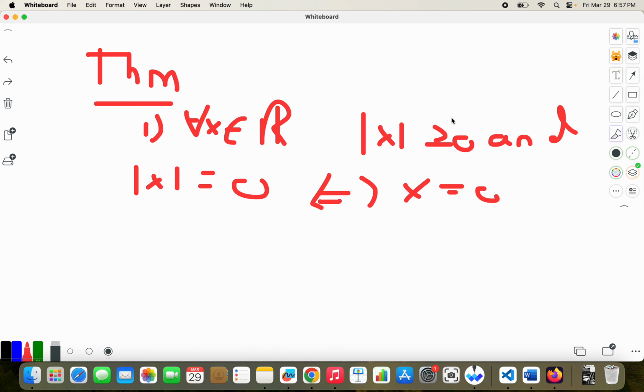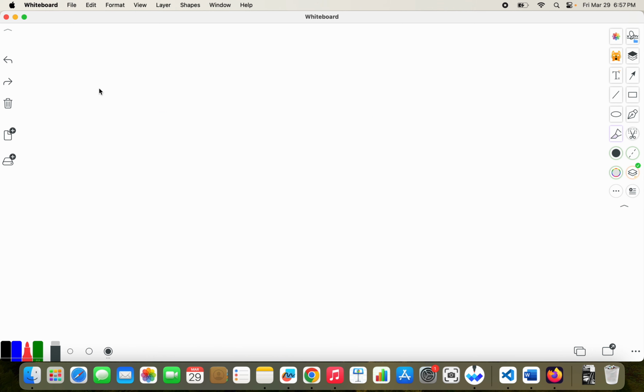So basically this is saying that the absolute value is always non-negative, and if x equals 0, then the absolute value is 0. Very easy proof. In fact, I don't even feel like proving that. These are all super obvious.